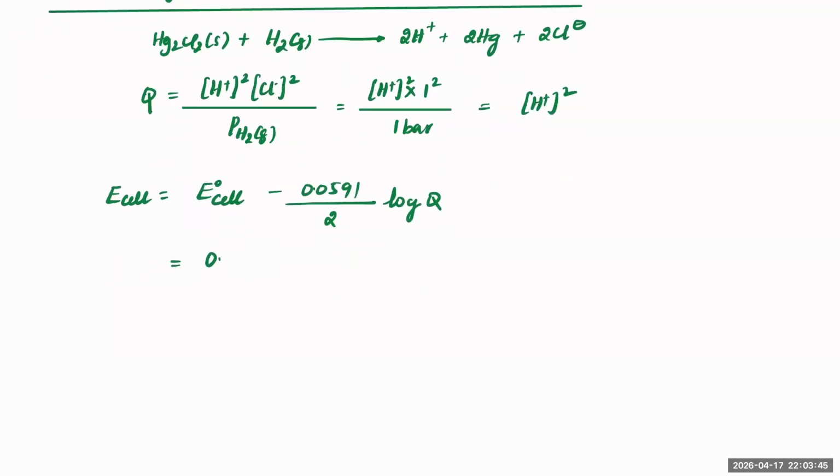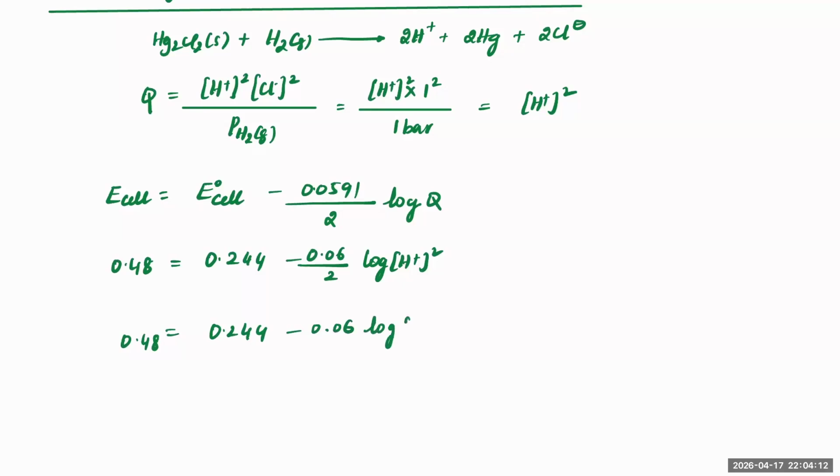So E naught cell value is 0.244. E cell value is 0.48. That minus 0.06 divided by 2 log of H plus whole squared. So you can see this is 0.244 and this is 0.48 minus approximately 0.06. The 2 will get cancelled, and log of H plus ion concentration.